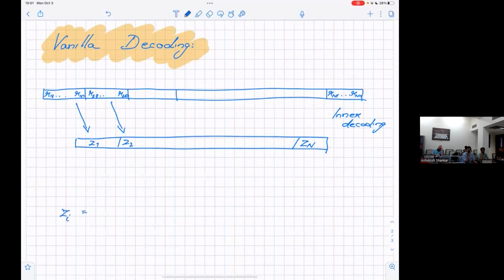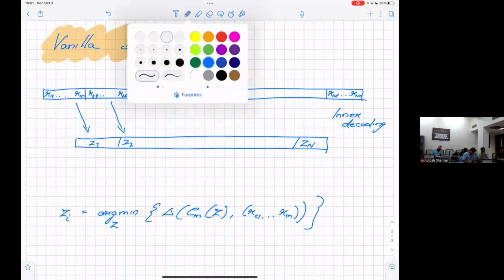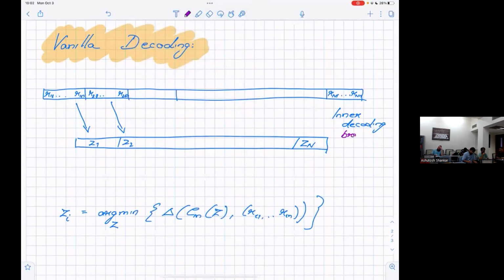You could use a fancy inner decoder, but because the inner code is small, you could just run brute force. You pick the Z such that C inner of Z is the one at minimum distance to Ri1 up to Rin. Is that okay? Right now, let's just assume we do this using brute force.